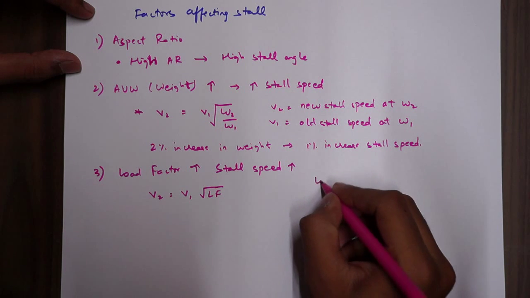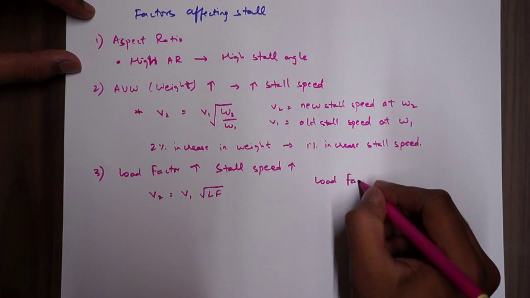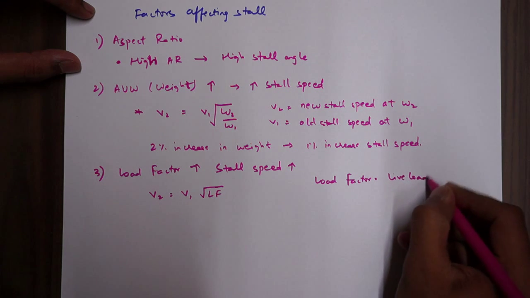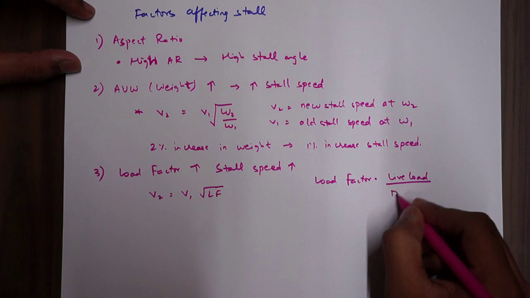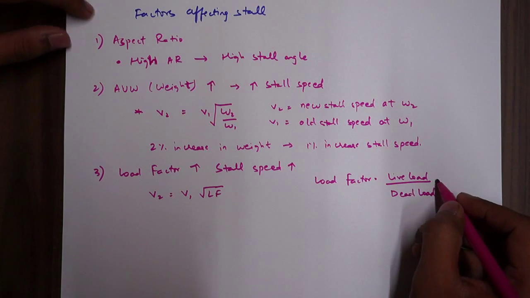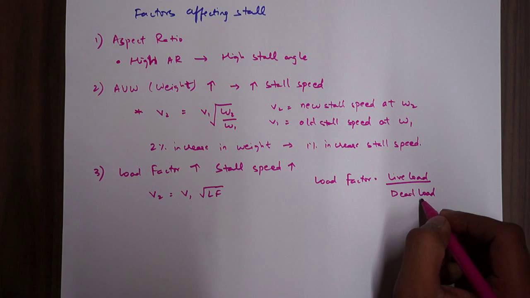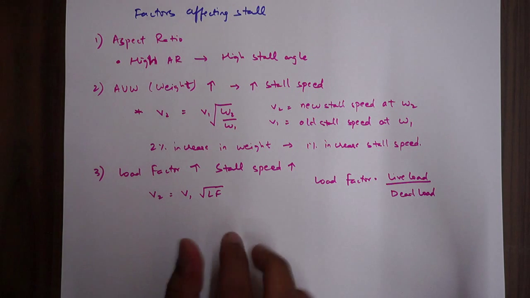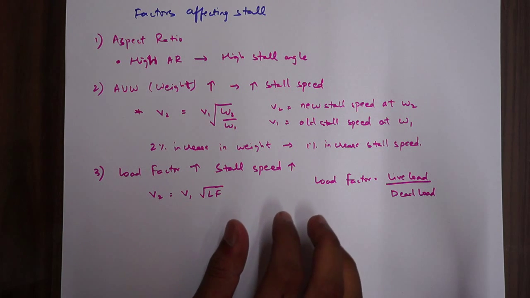Load factor is live load by dead load. Now live load is basically your lift and this is your weight, all up weight. So these are the factors basically affecting stall.